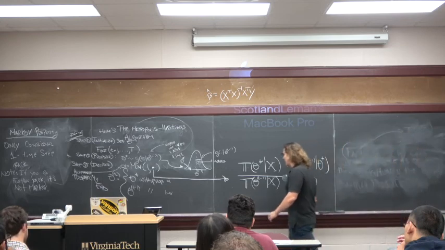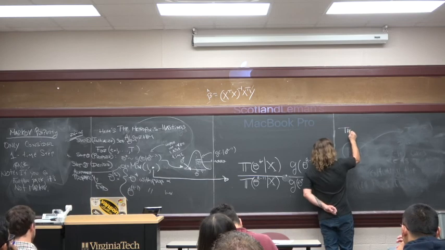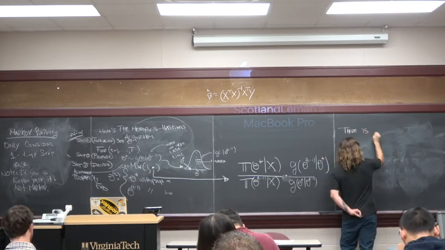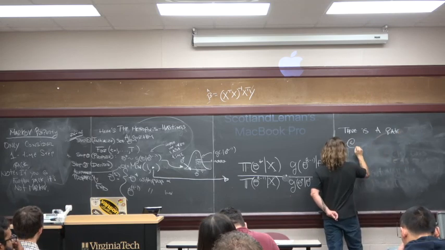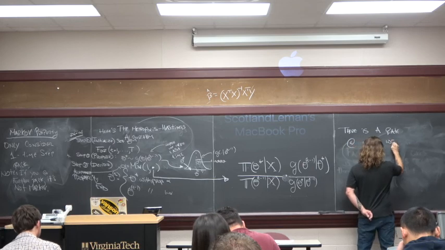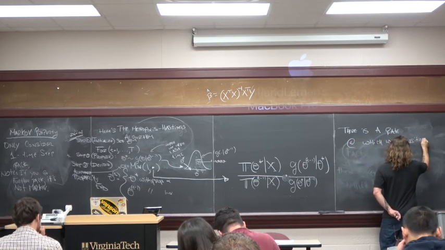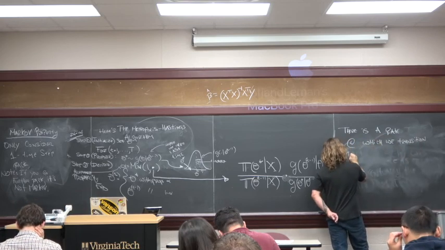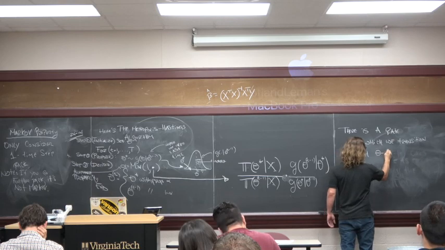So let me just write this down. There's a rate at which we transition through, I'll say, data space.